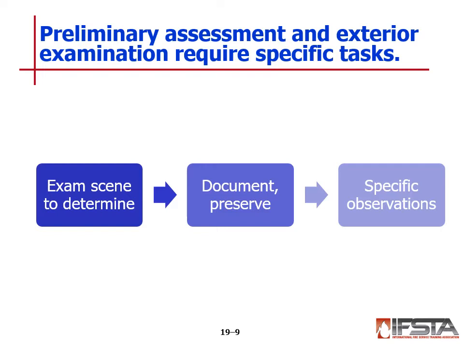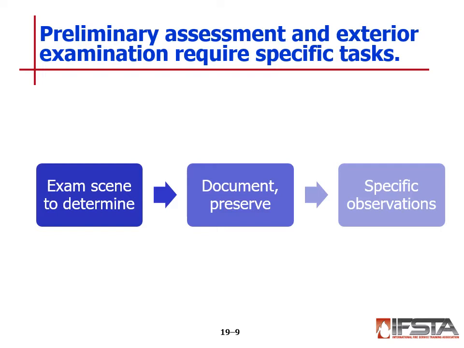You're going to look for tracks or footprints. And you want to take a look at tracks and footprints near windows and other openings like doors. And there are some periods during the year, some seasons, that help us with that.